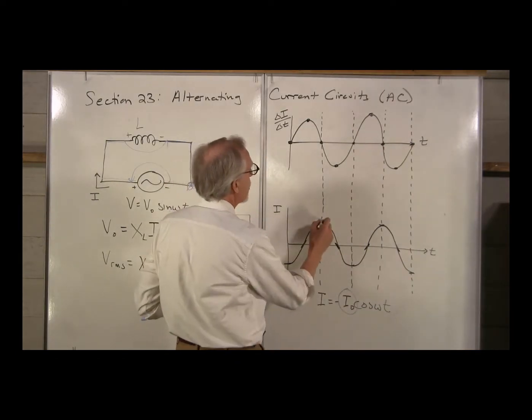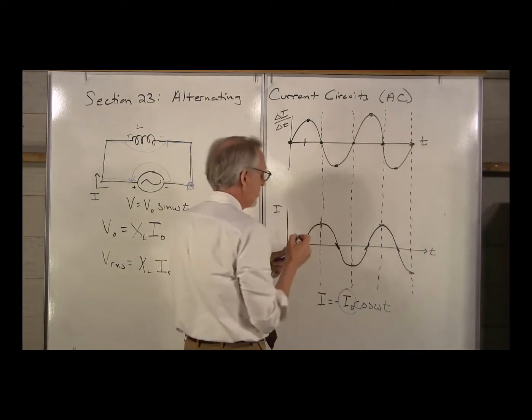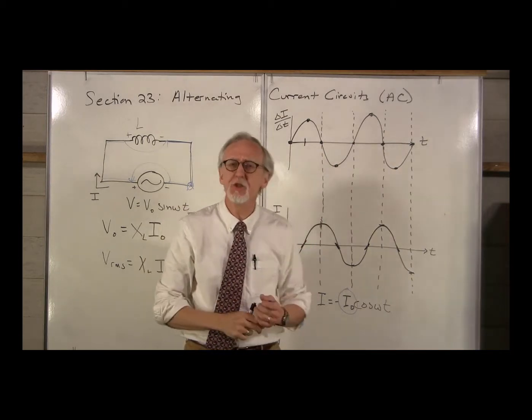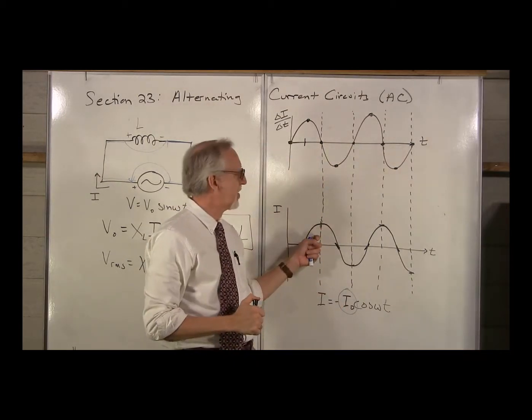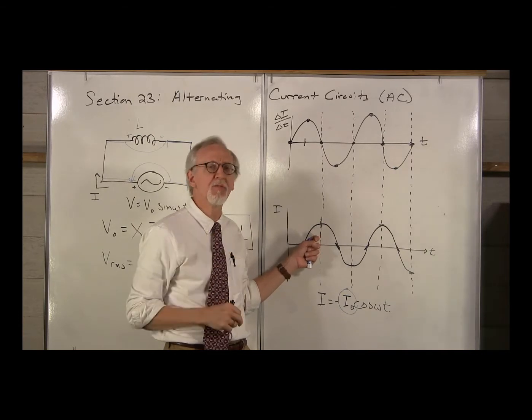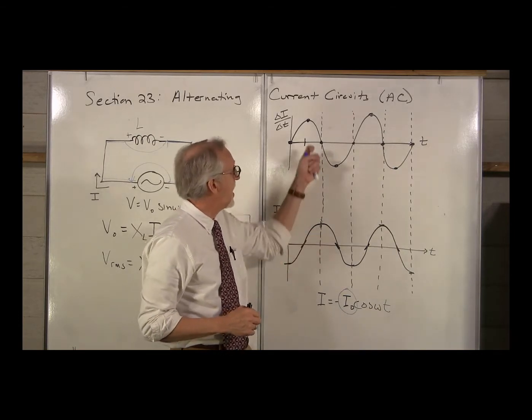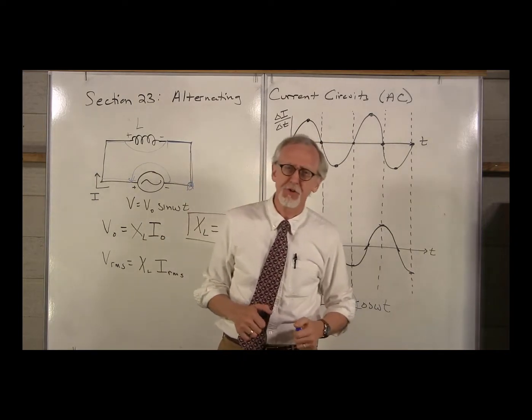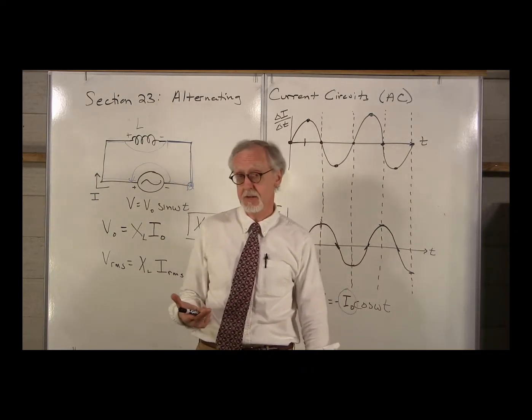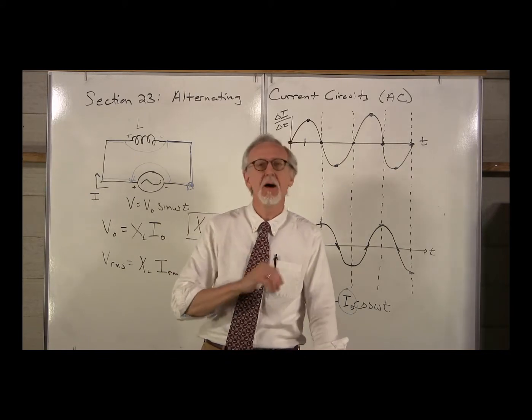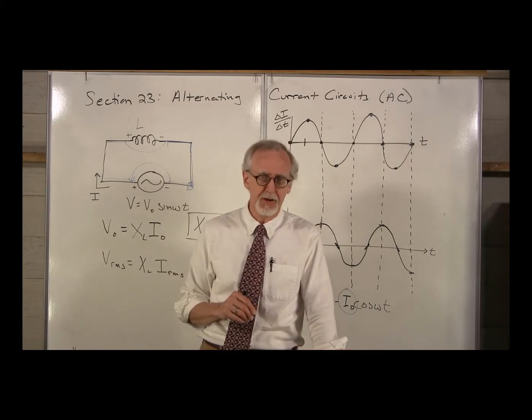Remember, 1/4 of an oscillation. If one complete phase is 2 pi radians, half of that would be pi, 1/4 of that would be pi over 2. So in this case, the current is behind the voltage by pi over 2 radians. The current in the capacitor was ahead of the voltage by pi over 2 radians.